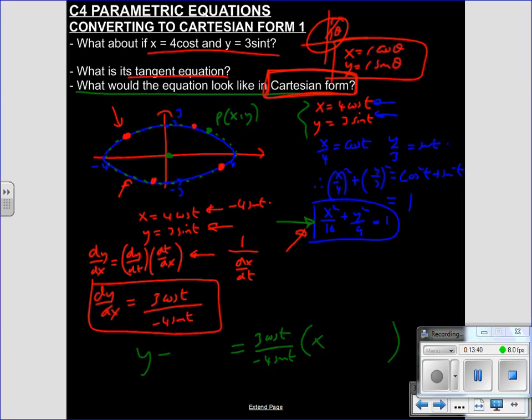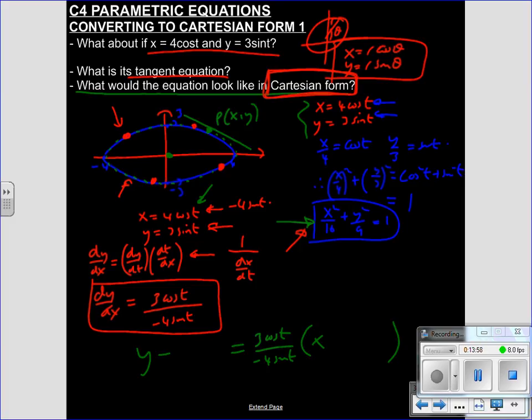In order to get an x1 or y1 value, I need to have a value of t, don't I? To get a specific value. But I don't have a point because I want to know the general equation of the tangent anywhere.